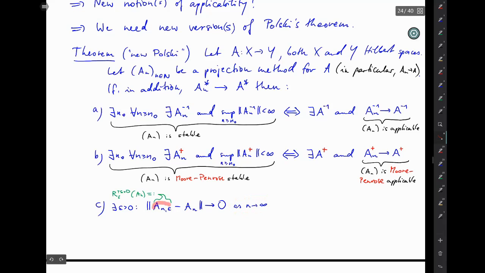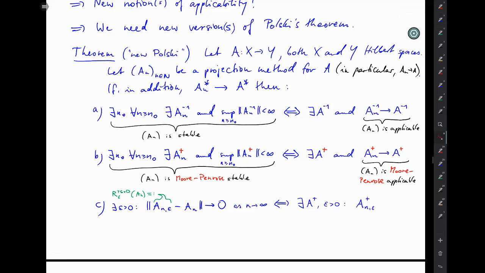So again we use this shorthand A_n comma epsilon for the epsilon TSVD regularization of A_n. Okay, and this condition is equivalent to the existence of the Moore-Penrose pseudo-inverse of A and an epsilon greater than 0. Spoiler, this is going to be the same epsilon as that one.